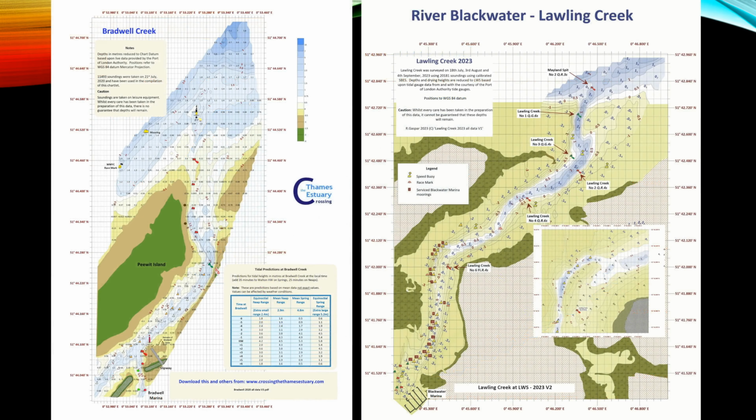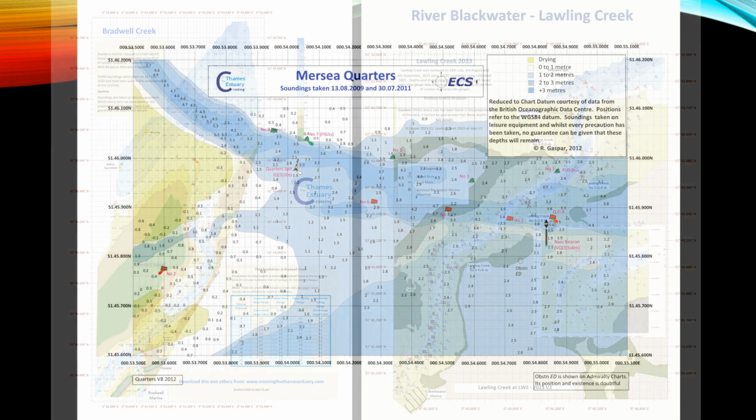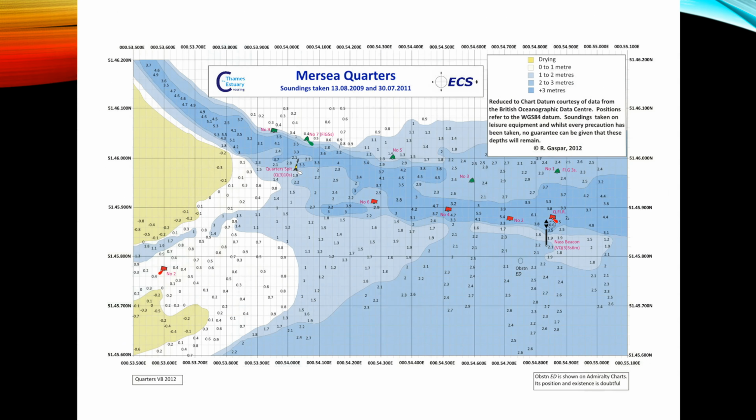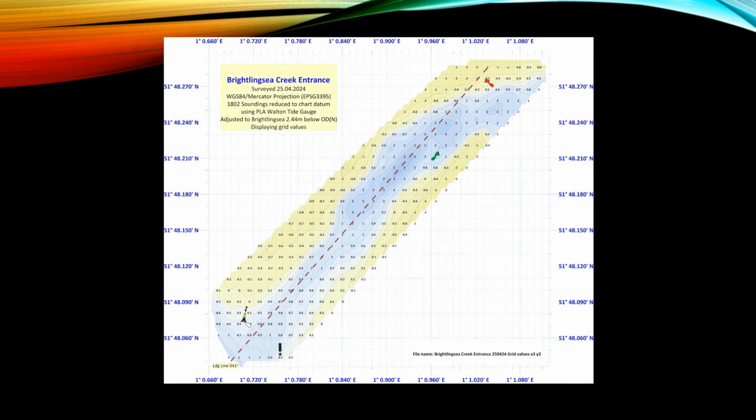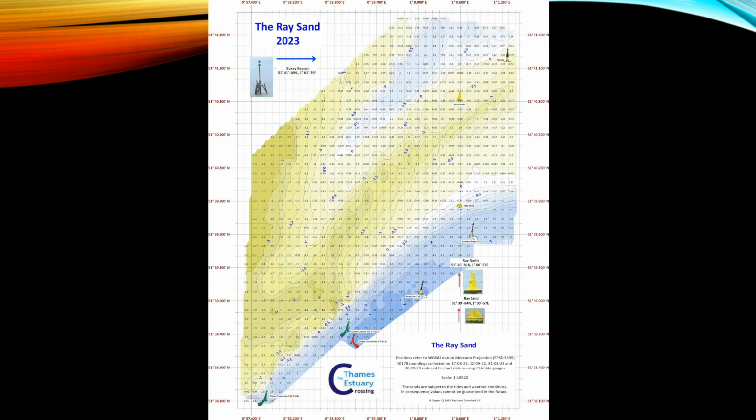Two creeks off the River Blackwater, which is off the Thames Estuary. On the south side of the Thames Estuary, Mersea Quarters off Mersea Island. Some work with the Harbour Master for Brightlingsea to show the creek depths. The Ray Sand, which used to be a channel that was always open, is now a half-tidal crossing point over the sands.